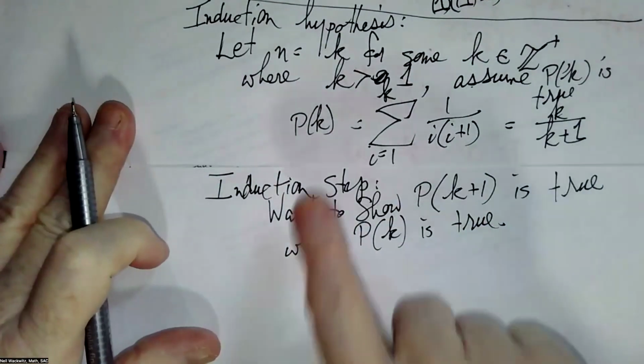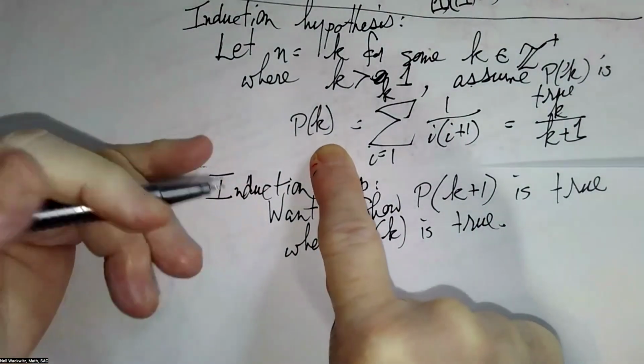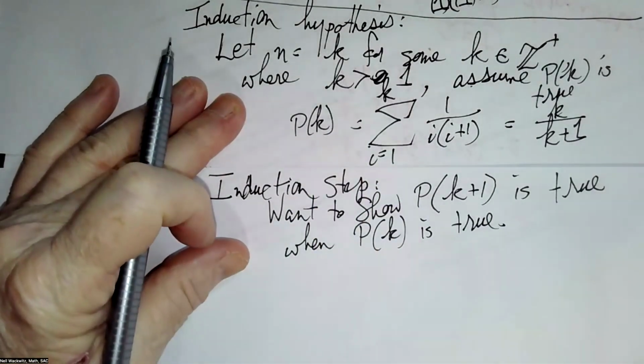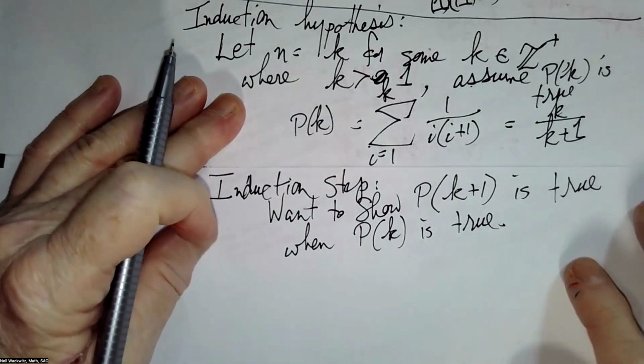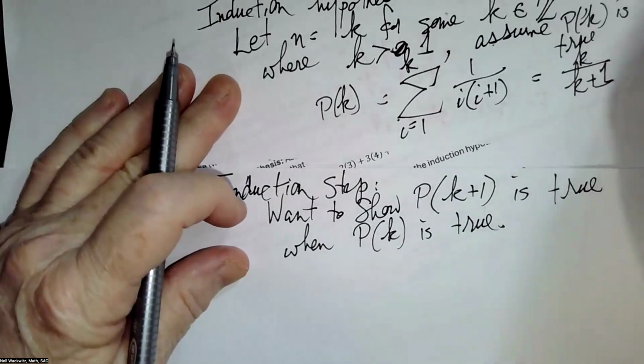So we want to show that if we start at any step along the way, we can get from that step to the next one. And then we've done it. It's kind of an amazing sort of thing.